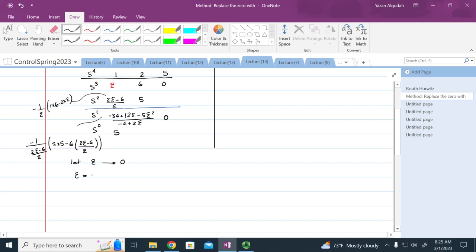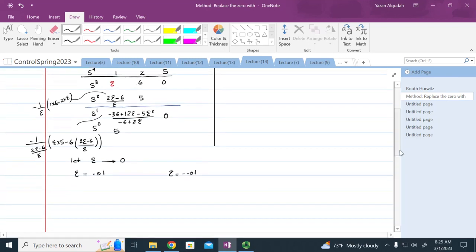So I'm going to take epsilon equal to 0.01, and I'm going to calculate when epsilon is equal to negative 0.01. So I'm going to go back to my first column, and I'm going to substitute for epsilon.